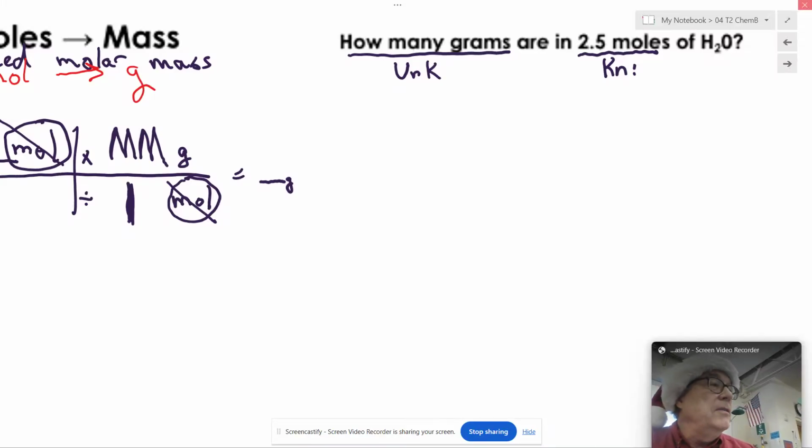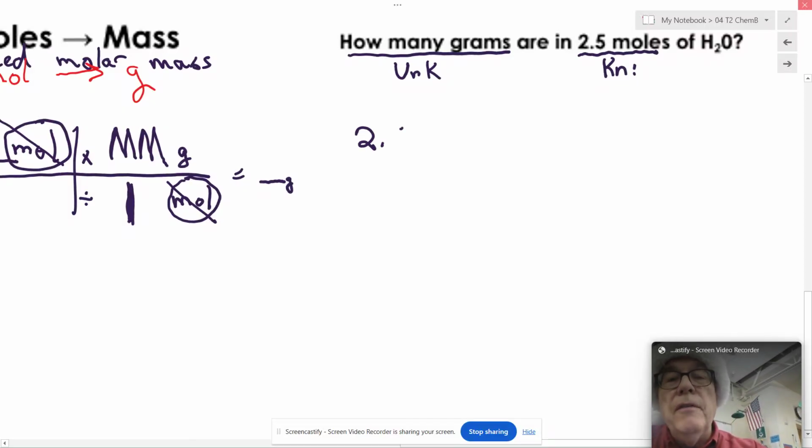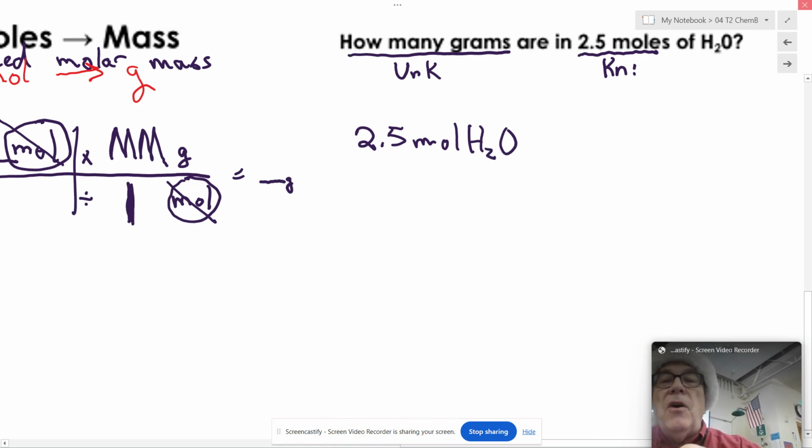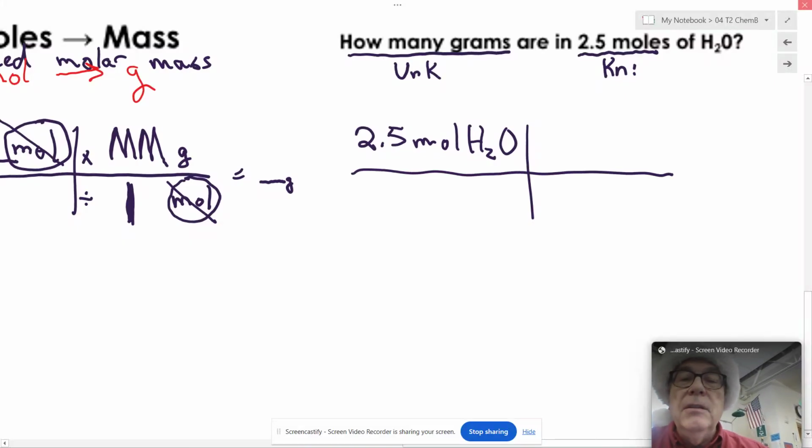Of course, we're going to start here with the thing that we know. We're just going to start with 2.5 moles of water. That's what we're starting with. We're going to put this conversion factor mathematical expression in, which really simply means we're going to multiply by the stuff on the top and we're going to divide by the stuff on the bottom.